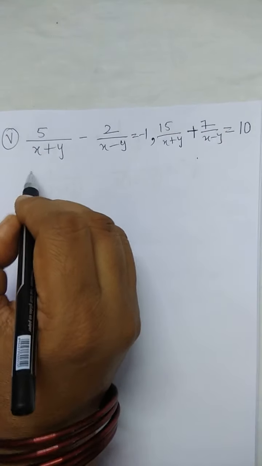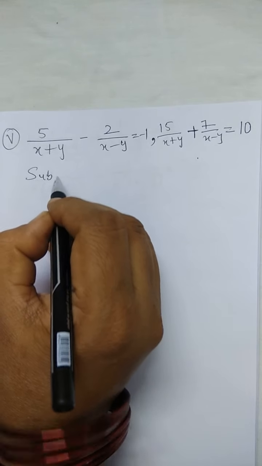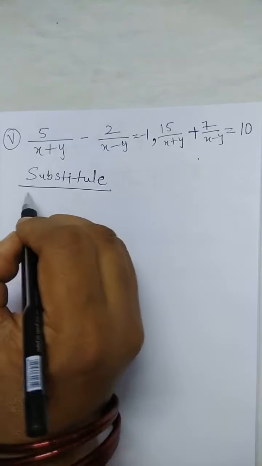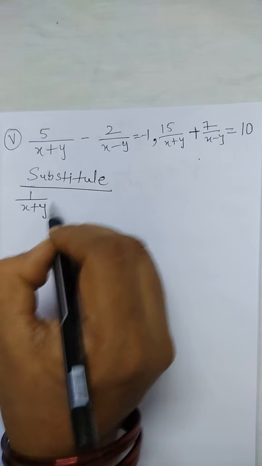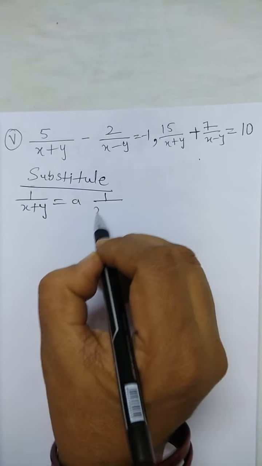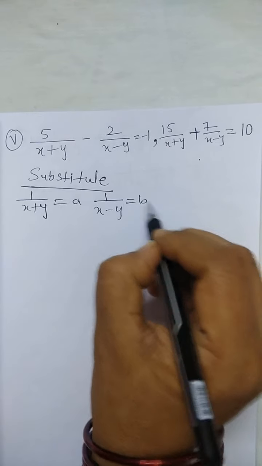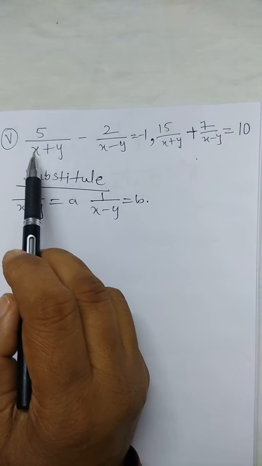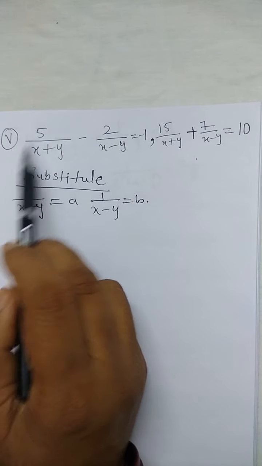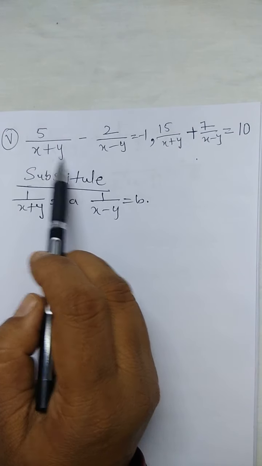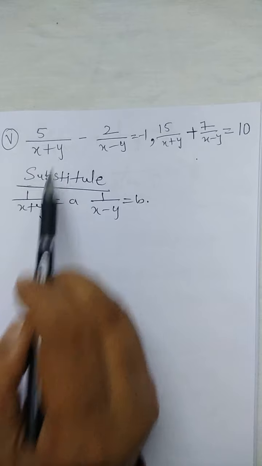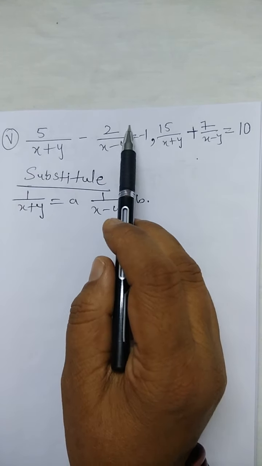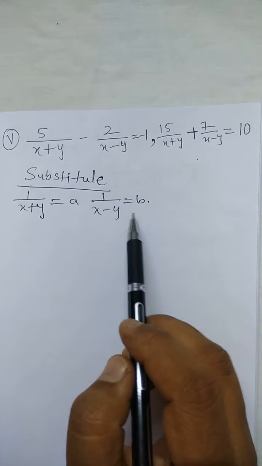So substitute 1 by x plus y as a and 1 by x minus y as b. Because in the earlier problem I explained that 5 upon x plus y we can write as 5 into 1 upon x plus y. So 5 into 1 upon x plus y we have taken a, and here similarly 2 into 1 upon x minus y we have taken as b.